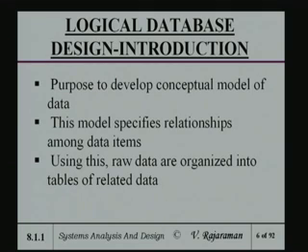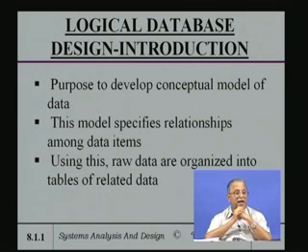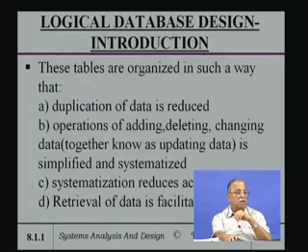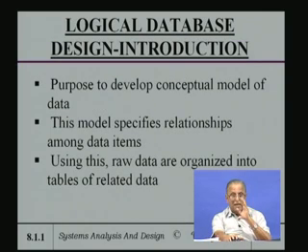So, as I said, the purpose is to develop a conceptual model of data. This model specifies relationships among data items. Using this, raw data is organized into tables of related data. So, a table of related data is really what is called a relation. Okay. In fact, I am being very loose in my definition here, but a stricter definition will be given as we proceed.